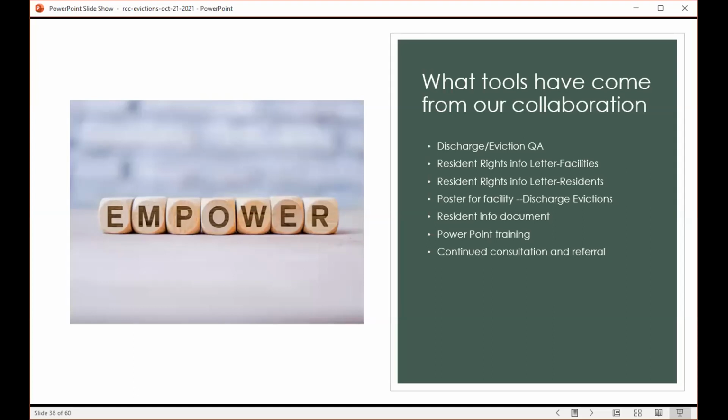One of our focuses became facilities providing reasonable accommodations for these mental health disabilities.